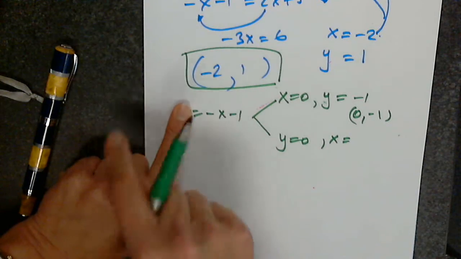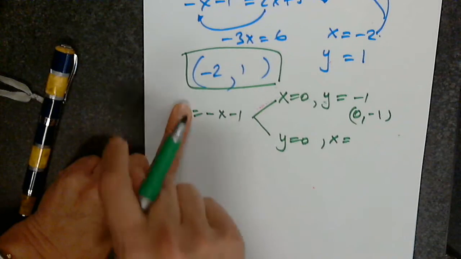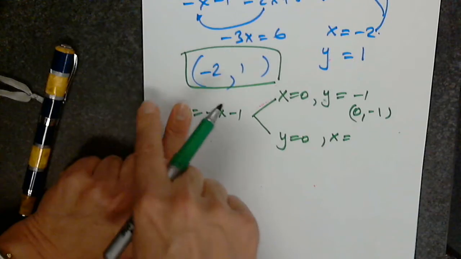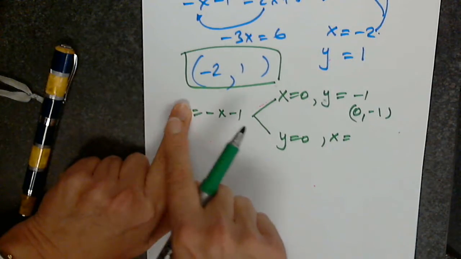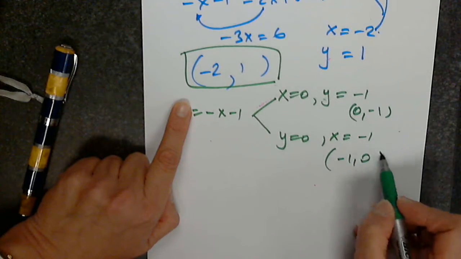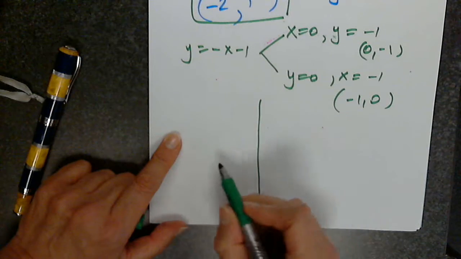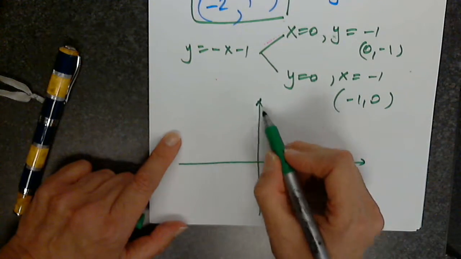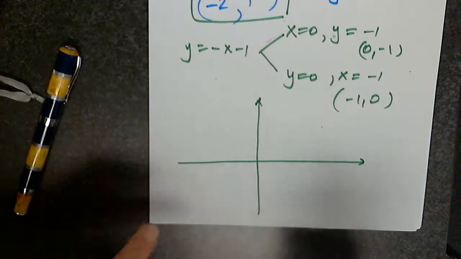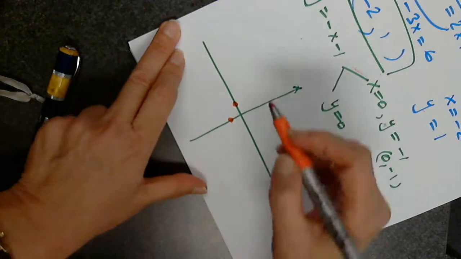Move negative x to the other side, it becomes positive x. Positive x equals negative 1. So negative 1 comma 0. Now we can graph. The first line has negative 1, 0, and 0, negative 1. So I graph the line.